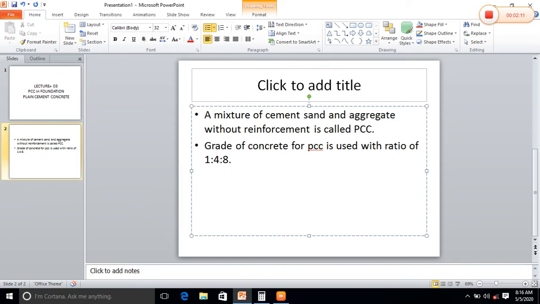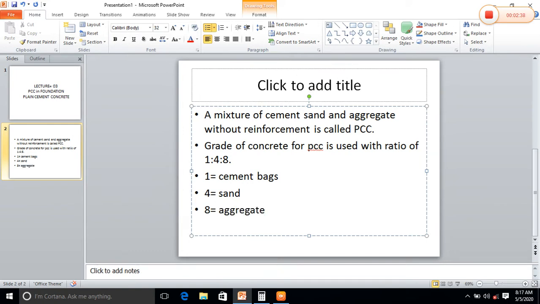So 1 is equal to cement bags, 4 is equal to sand, and 8 is equal to aggregate.